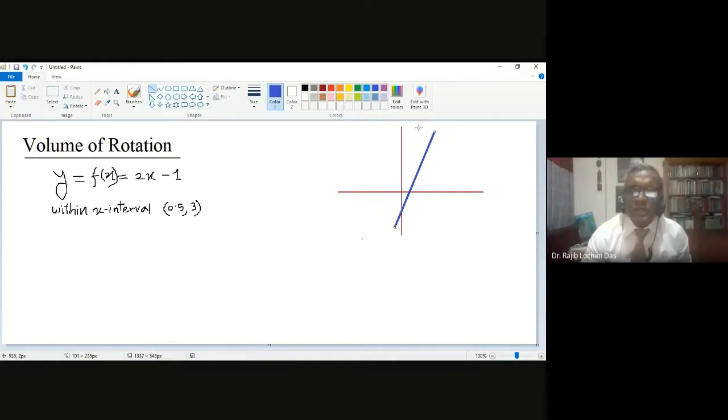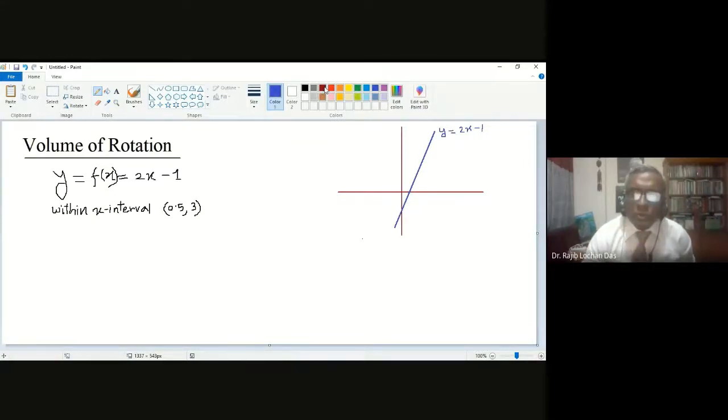The graph will be y = 2x - 1. If x equals 0, y will be -1. So this is the point (0, -1).